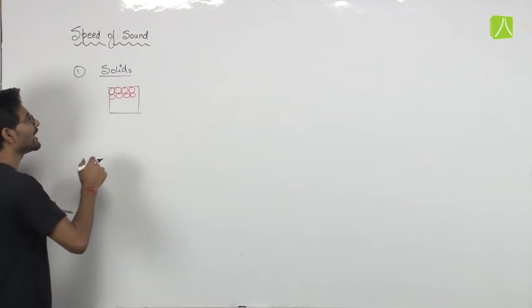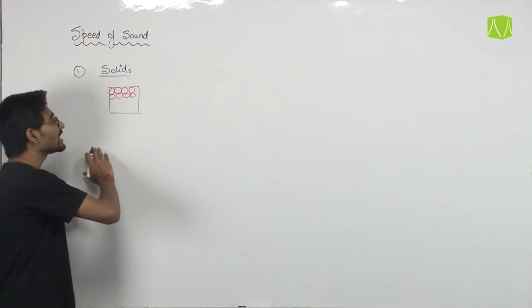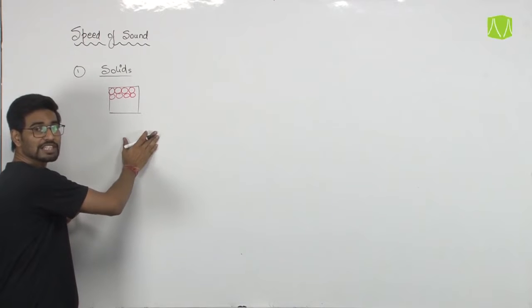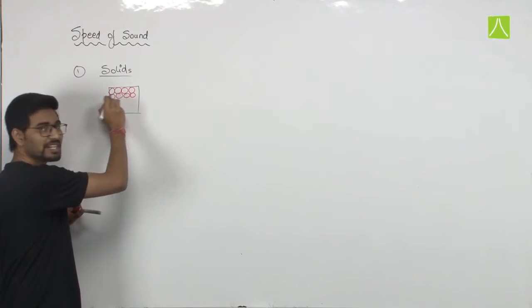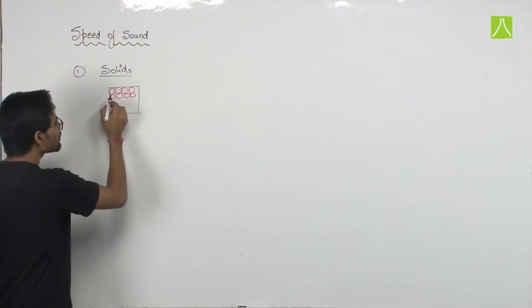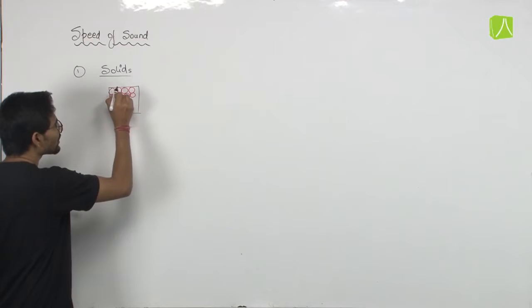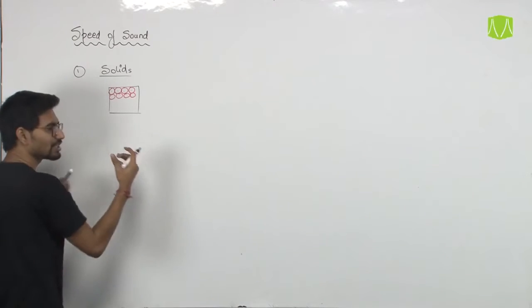We know that a wave is a disturbance in which energy gets transferred from one place to another without actual movement of the particles. So particles vibrate but they don't actually get displaced from their mean position. These particles will vibrate and transfer energy to each other in a very short time, because they are very close to each other.